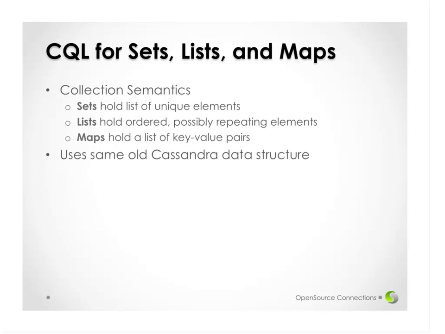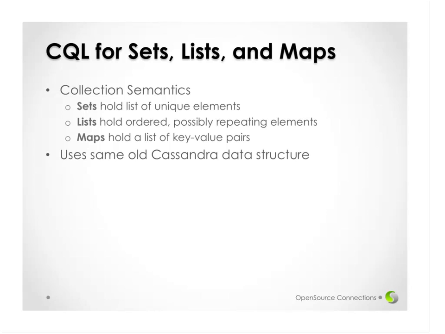Sets are going to hold lists of unique elements. Lists are going to hold lists, obviously, but they can have repeating elements, and lists are going to keep track of the order. And maps are going to hold key value pairs so that you can give a key and get the value back.